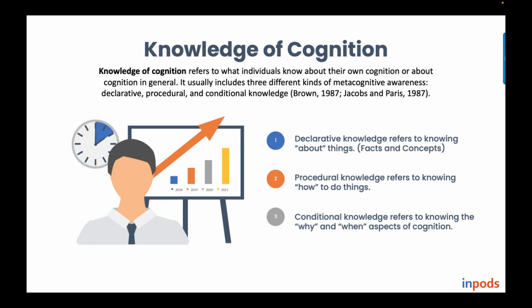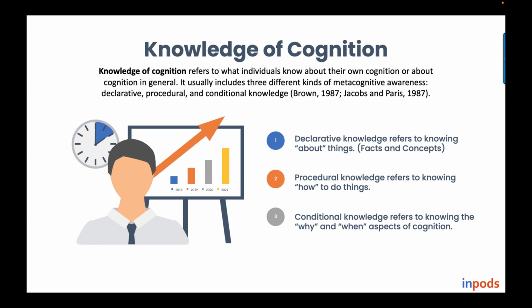So that is why it is called meta level knowledge, because it encompasses the factual, conceptual, and procedural knowledge, and it also takes us to the next level of this knowledge, that is knowing about why something has to be done and when something has to be done, because we might know 10 different ways of doing things, but we must know when to use a particular method and when not to use a particular method, right?